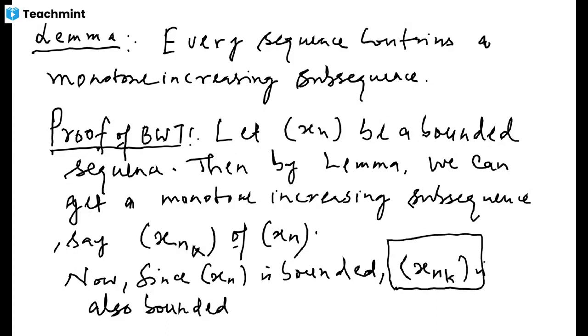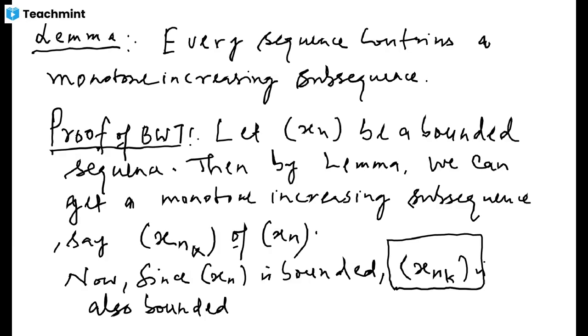And if you remember the monotone convergence theorem, it says that if a sequence is bounded and monotone, then it is always convergent. So here we have this subsequence X_{n_k}, which is monotone, and now it is bounded also. Hence, by the monotone convergence theorem, this subsequence X_{n_k} is convergent.